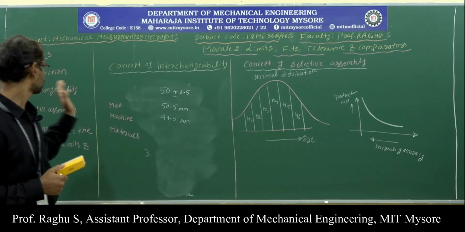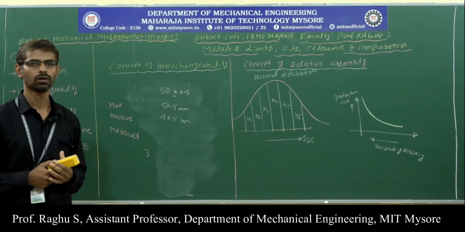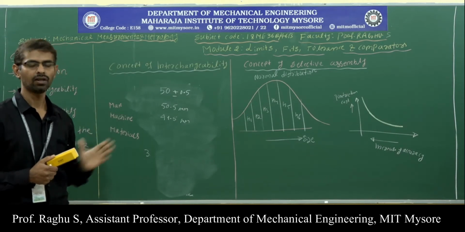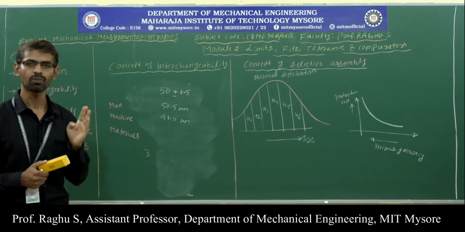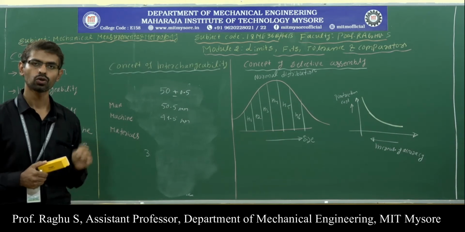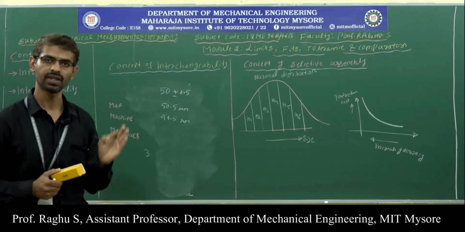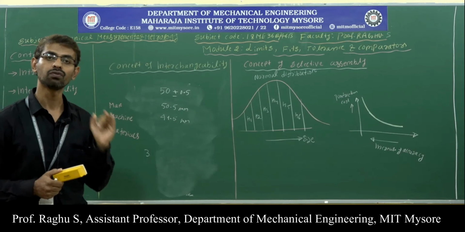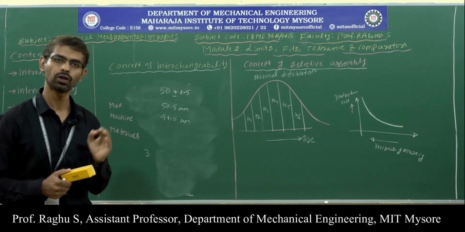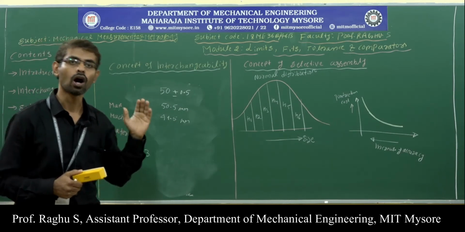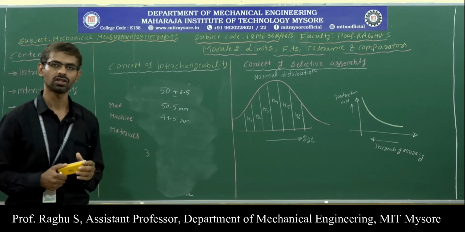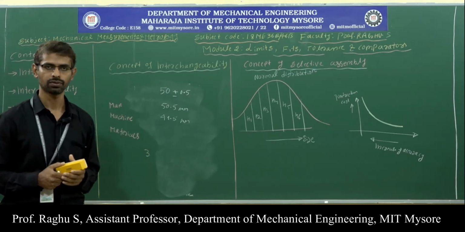So this is the introduction. In any manufacturing system, we have three elements: man, machine and materials. Because of human limitations, machine limitations and material limitations, it is very difficult to produce the component to exact size, so some allowances or tolerances are given on the dimensions.